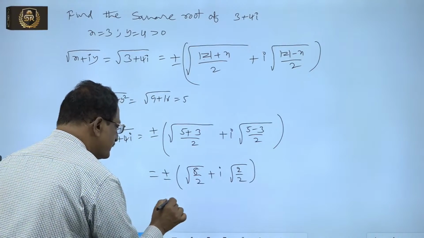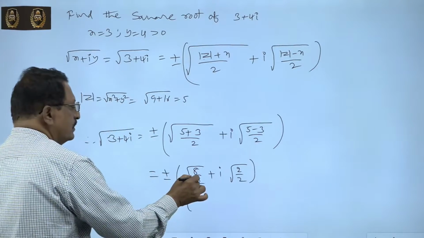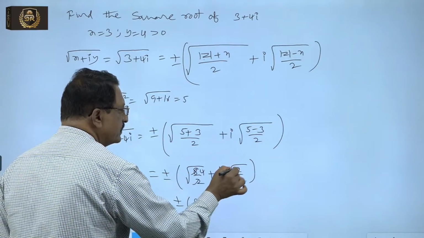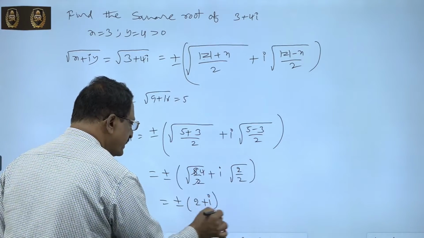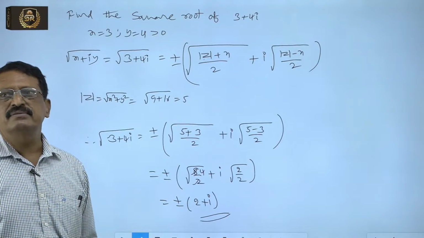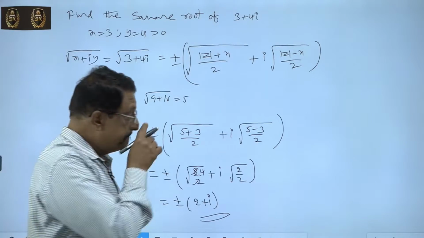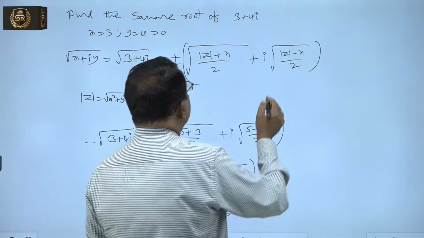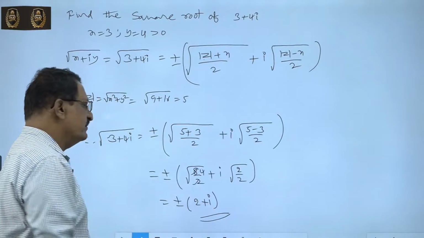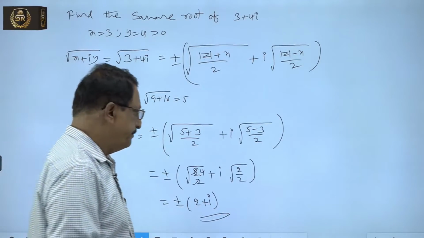Now 2 fours cancel, the square root of 4 is 2, plus the 2 cancels, i. That equals plus or minus (2 plus i). So the square root of 3 plus 4i equals plus or minus (2 plus i).